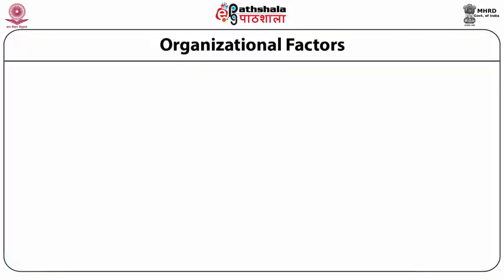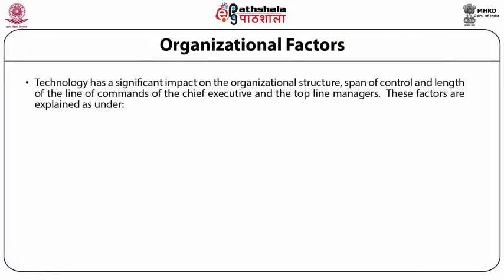Organizational factors. Technology has a significant impact on the organizational structure, span of control, and length of line of commands of the chief executive and the top line managers. These factors are explained as under.